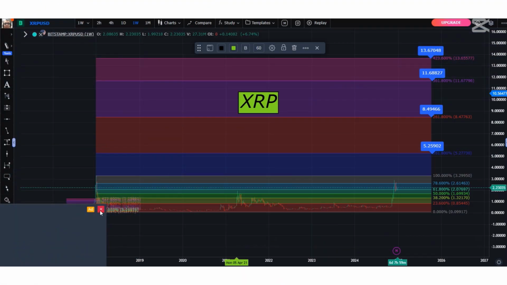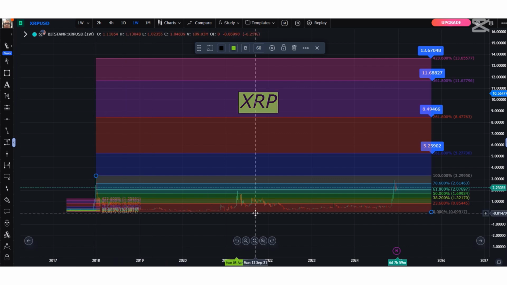Let's go over to XRP. So XRP here, it has just barely touched its 786 from its top over here in 2017. This has been a long haul for XRP, but I'm thinking this is pretty bullish. Now you'll hear a lot of people saying $50, $100, $1,000, $10,000 XRP.